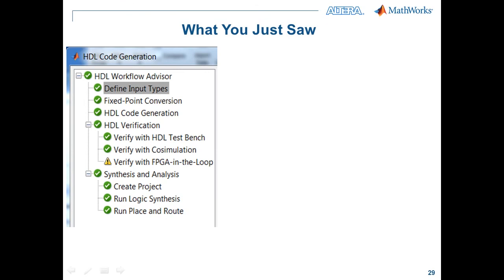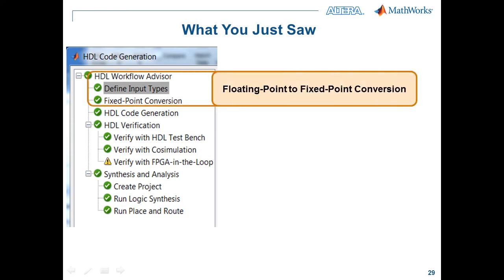Let's review what we just covered. We went through floating to fixed point conversion, starting with floating point MATLAB source code, to create a fixed point representation. We showed how to take this fixed point MATLAB design and generate HDL code from it.